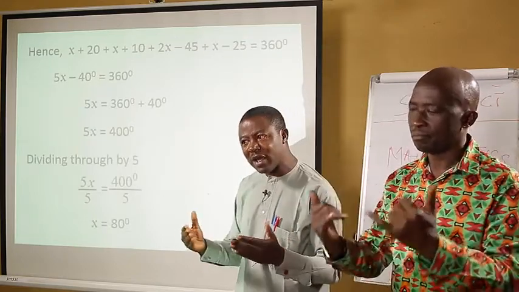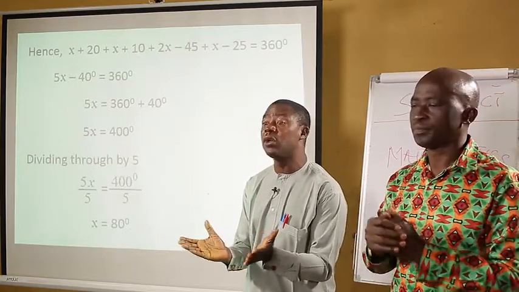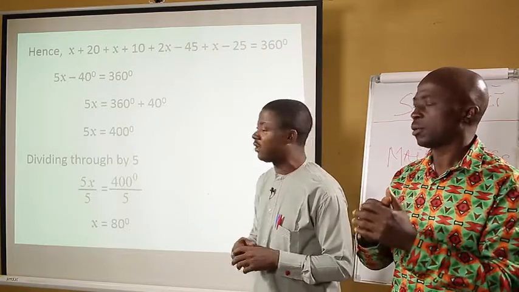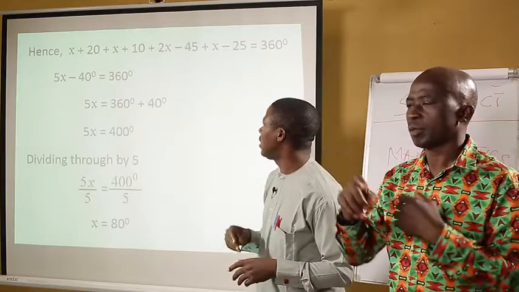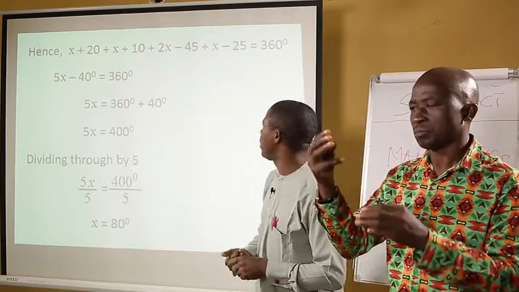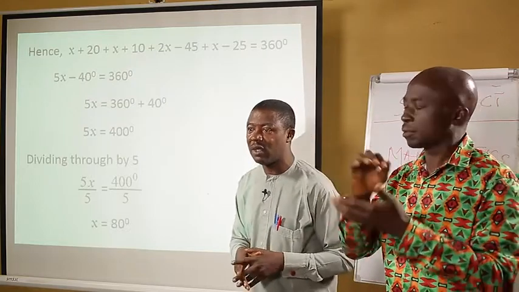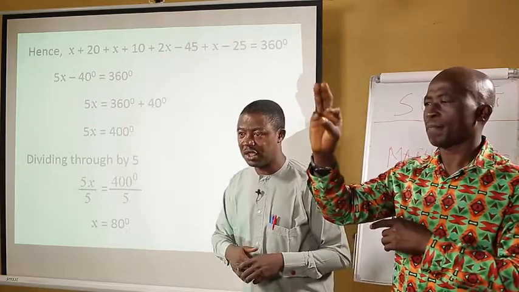Now, we were given the angles in terms of an unknown, so we just sum them up, and it will be equivalent to 360 degrees. Therefore, we have x plus 20, x plus 10, 2x minus 45, x minus 25 equals 360 degrees.